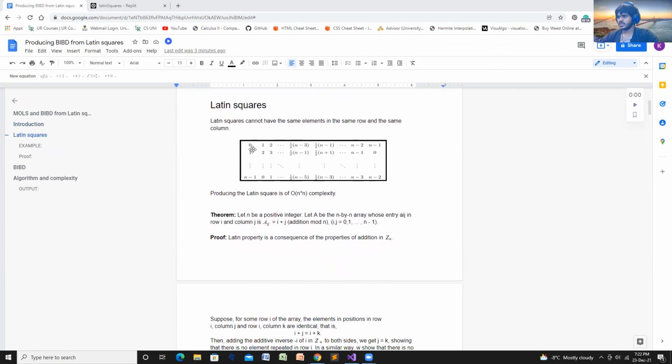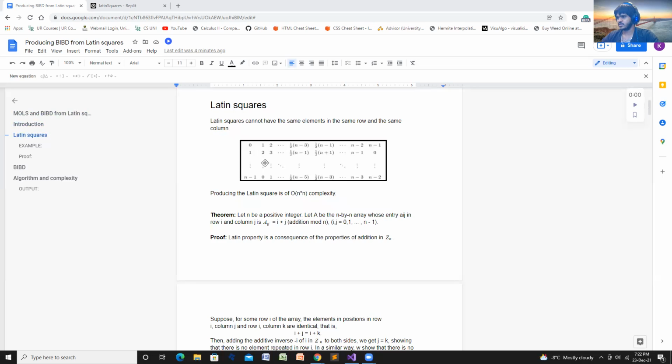So this, as we can see, is an example of a Latin square. We can see that no two elements are being repeated in the same row and same column. 0, 1, 2, 1, 2, 3, and so on. And we can notice one thing, that the elements are being shifted towards the left, left, left.